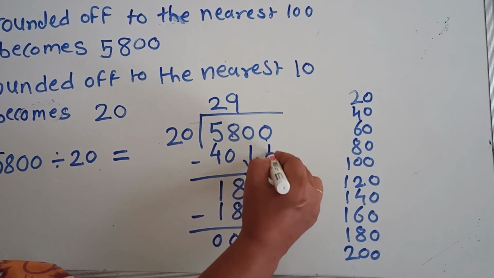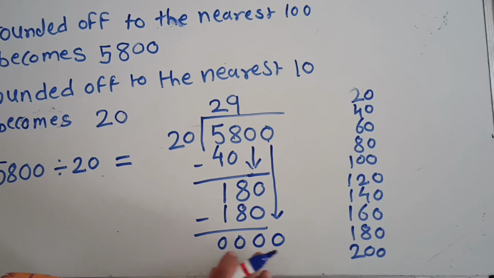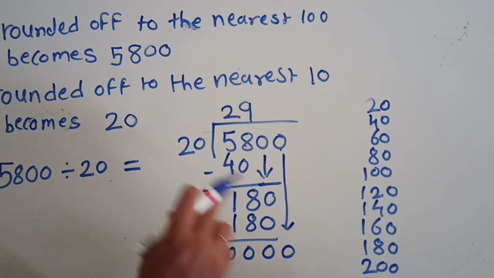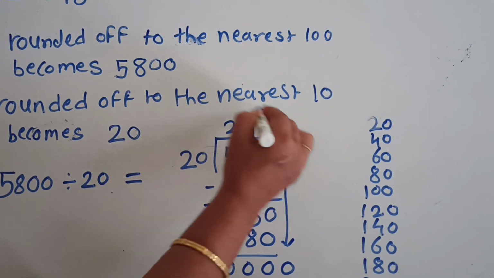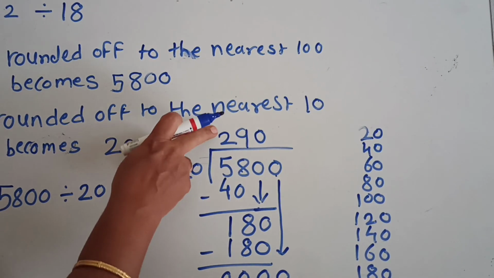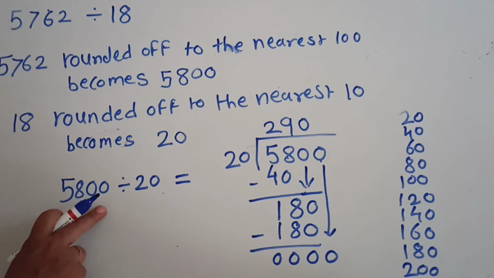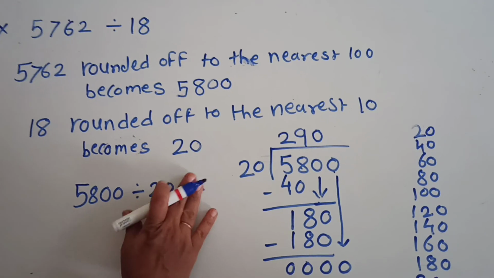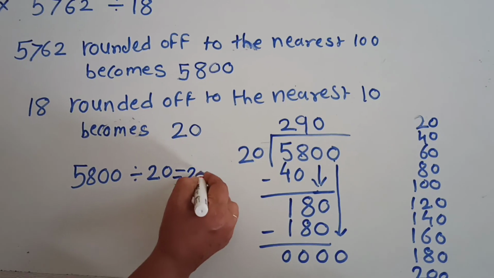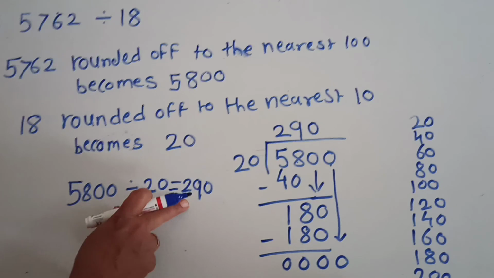But this 0 is remaining, so we have to take 0 here. We cannot divide this 0, so we have to put a 0 in the quotient. So the quotient is 290, which means 5800 divided by 20 is equal to 290, and this is the estimating quotient.